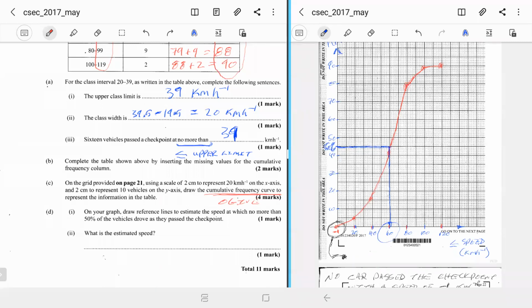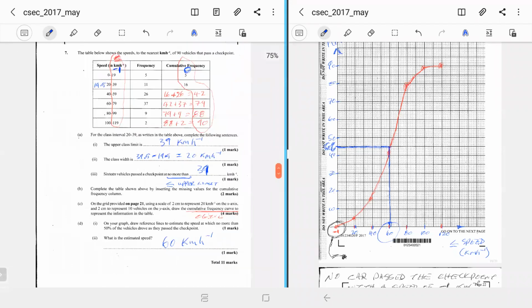What speed is that? 60 kilometers per hour. What is the speed? 60. 60 kilometers per hour. That's it right there. That is the speed at which no more than 50% of the cars pass.